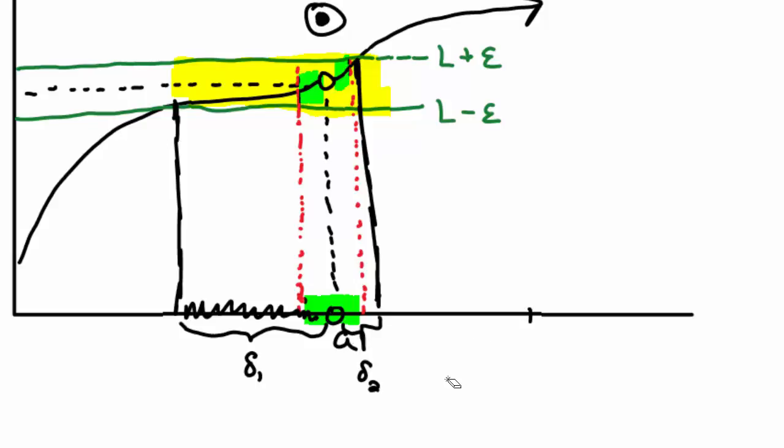That's a bad choice. So tightening up the delta and saying, listen, I'm going to choose my delta to be this smaller delta guarantees that your x values lead to y values within your epsilon neighborhood. So always choose a smaller delta. That wasn't part of this example, but it's worthwhile to mention.